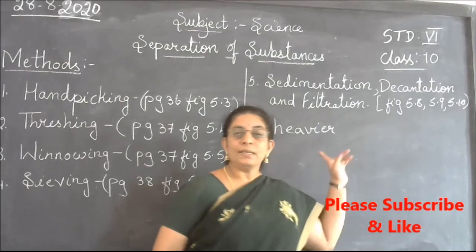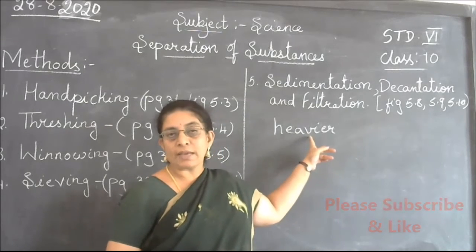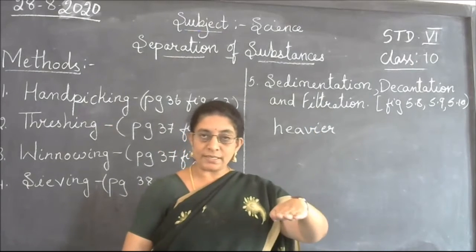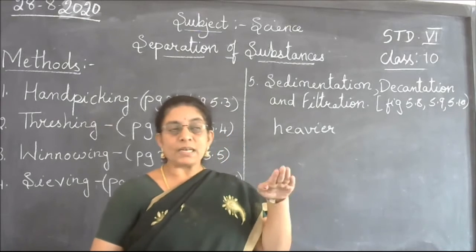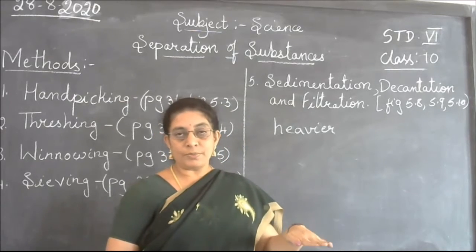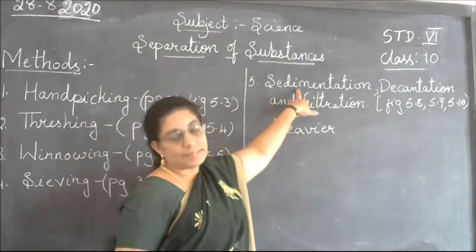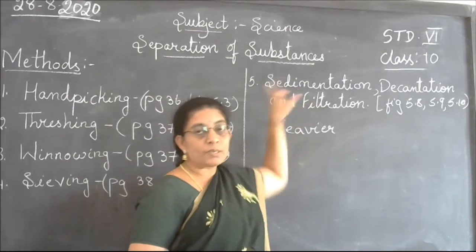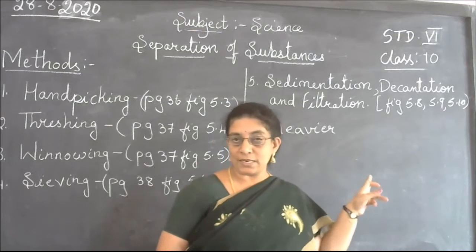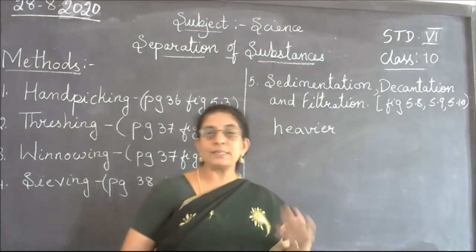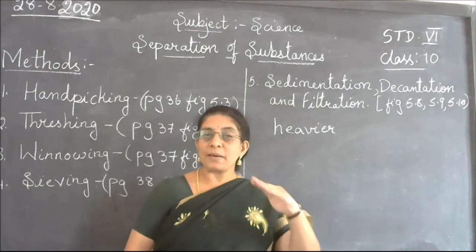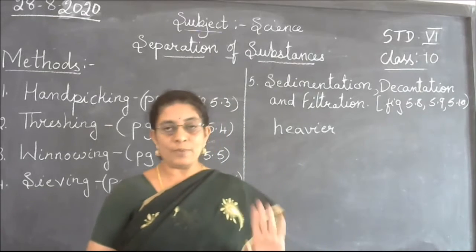Okay, because these are heavier than water, so it settles down. So the settling down of the heavier objects or the heavier components, that is called as sedimentation. Okay, so now you might have known what is sedimentation. Sedimentation means settling down of the heavier particles at the bottom of the vessel.